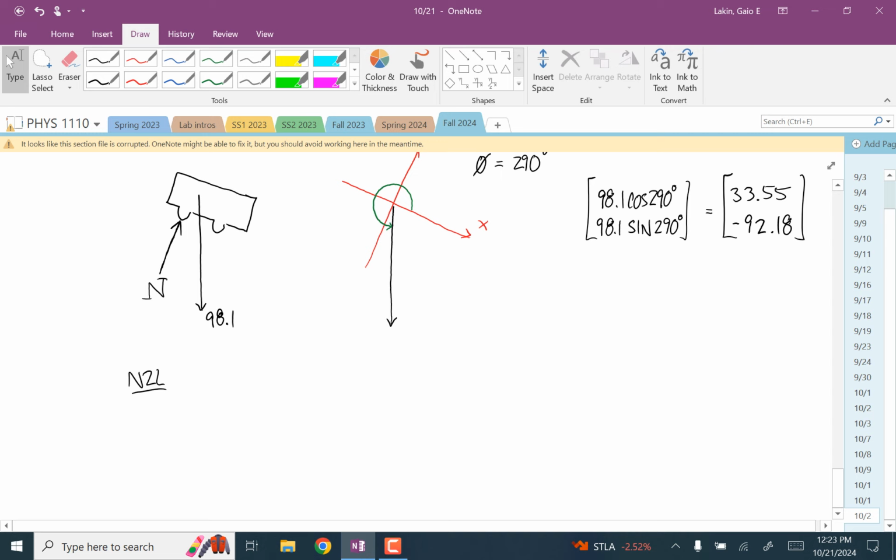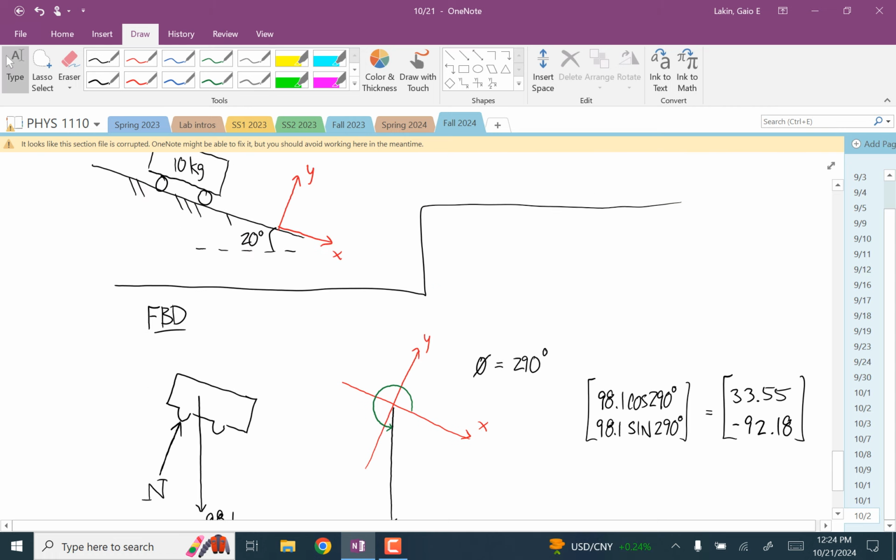We have the weight force, and that's what we just figured out. Then we have the normal force that's in the positive y direction. And all this is equal to the mass times the acceleration.